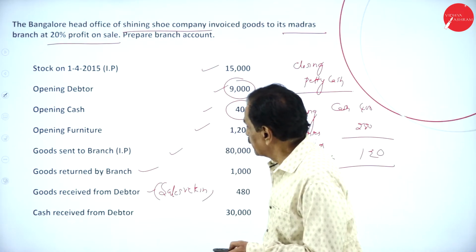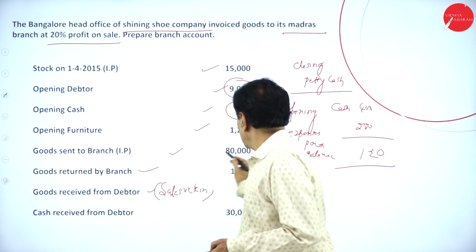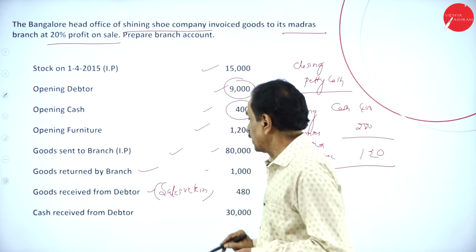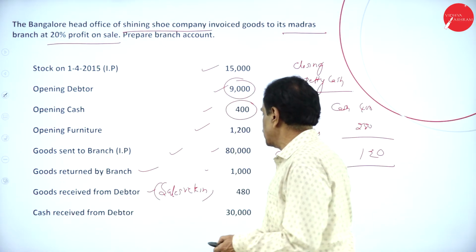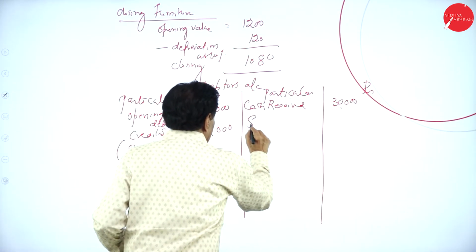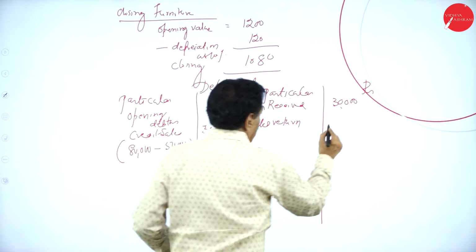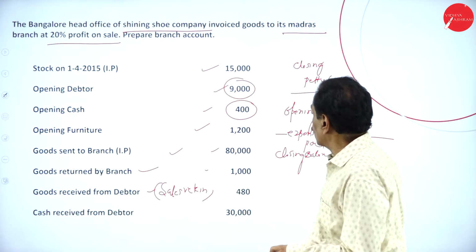Any bad debt? Opening cash. Furniture. Goods sent to branch over. Goods returned by branch over. Goods received from debtor. Sales return. 480. Cash received. Goods received from debtor is 480.